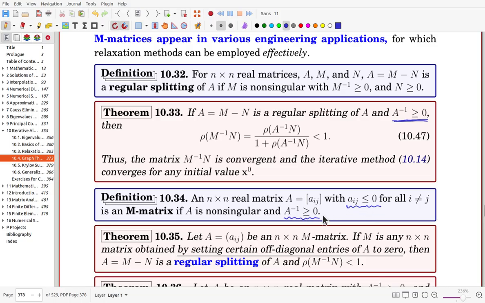Once the physical problem is represented as an algebraic system, it is given as Ax equals b. That means that the solution x is A inverse b. Now b is the source. Once the source has increased, the solution should have increased. The reason is A inverse has non-negative values.